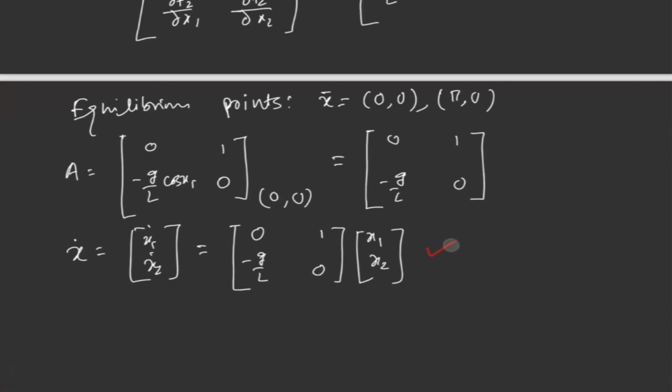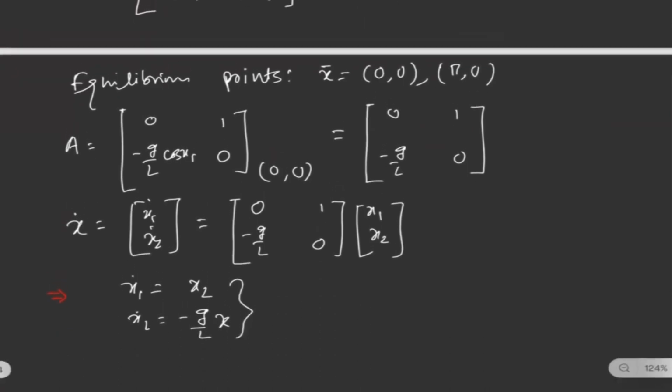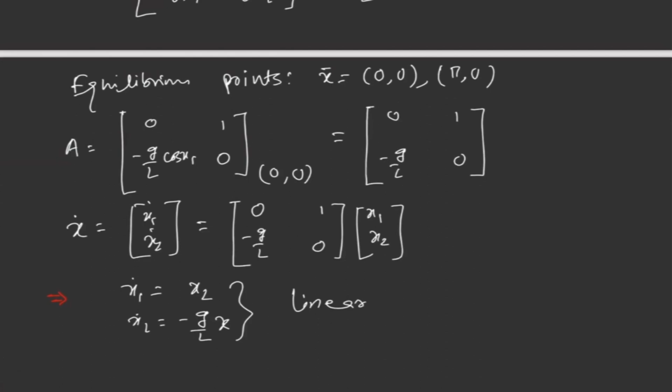From this, we obtain the state equation x1 dot equal to x2 and x2 dot equal to minus g upon L x1. So this is the linear system for the pendulum at equilibrium point (0, 0).